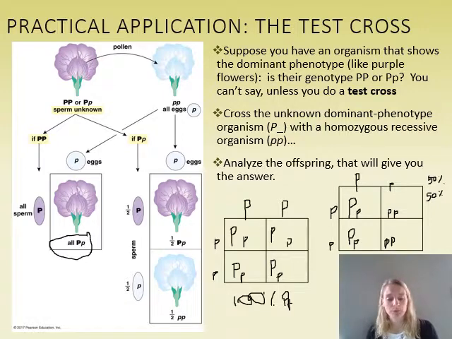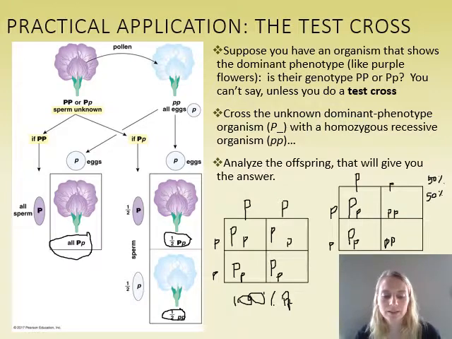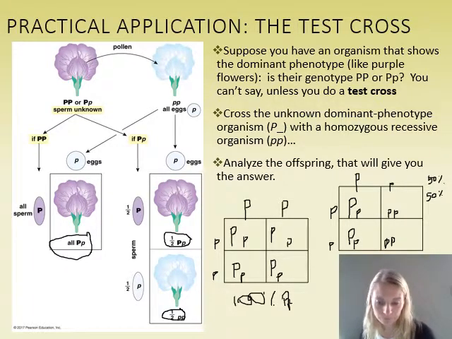If half of the plants are purple and half are white, then that lets us know the dad carried a recessive allele. He was the purple phenotype, but had the heterozygous genotype. And with the homozygous recessive true breeding mom, or the eggs, that homozygous recessive allele came out as 50% of the offspring. Okay, so that's how we do a test cross.